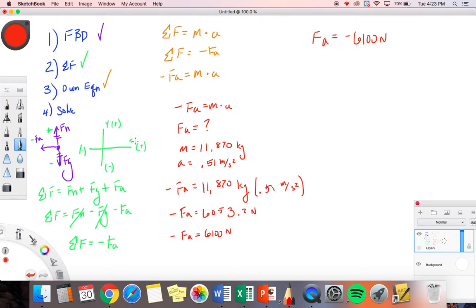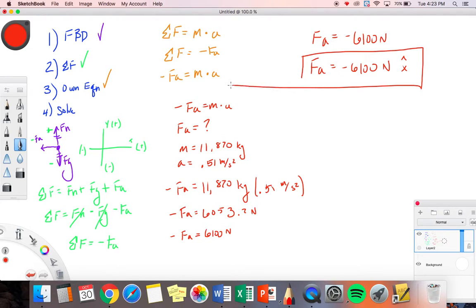We need to know whether it is a downwards negative or a leftwards negative, and the way we do that is we use an X or a Y at the end. So I'm going to write that the force applied of this object is equal to negative 6,100 newtons in the X direction. We use X hat. So that finally is the very end of your problem.